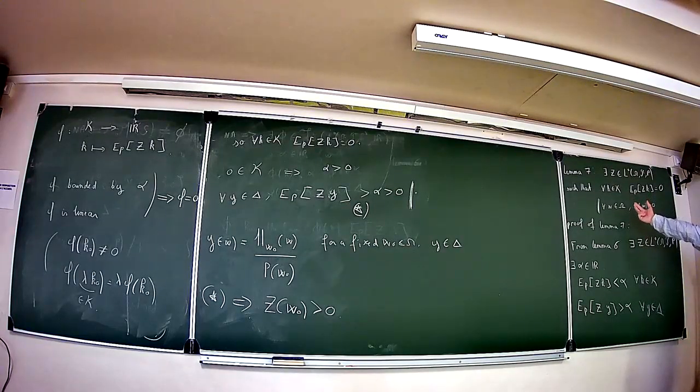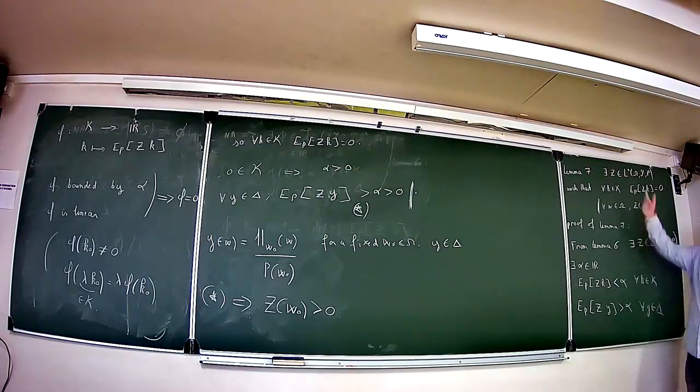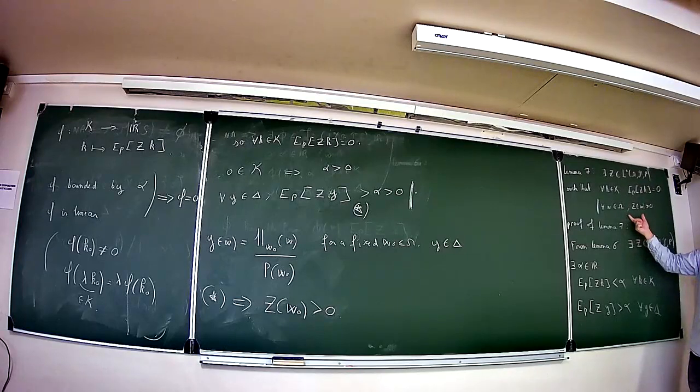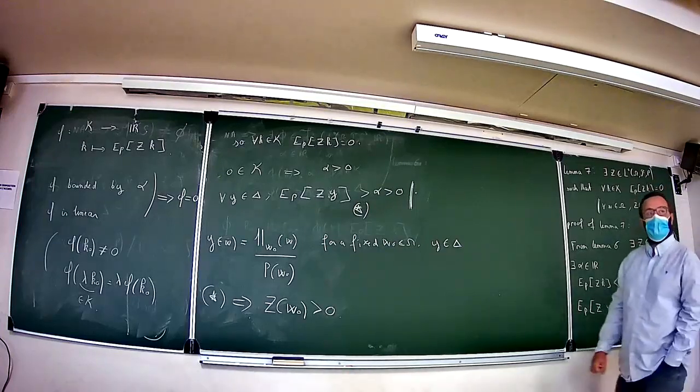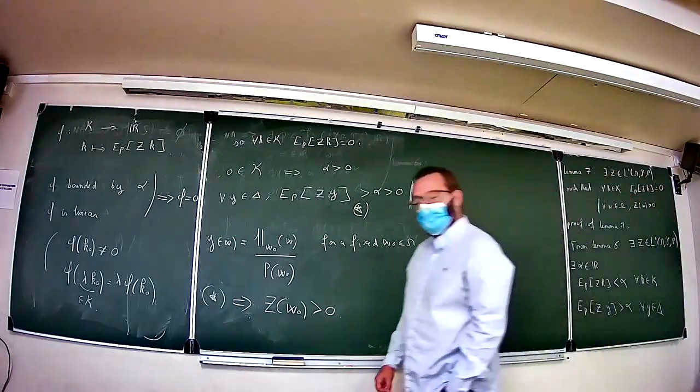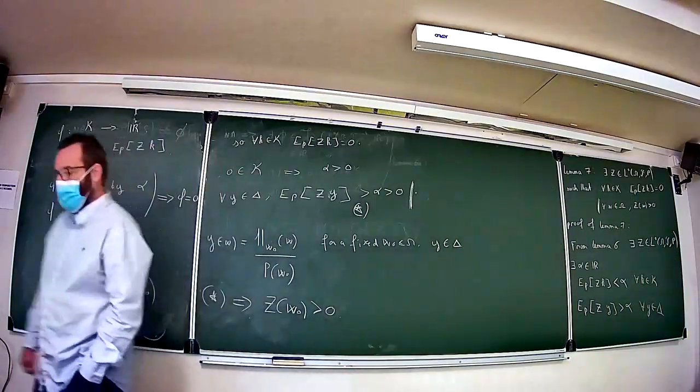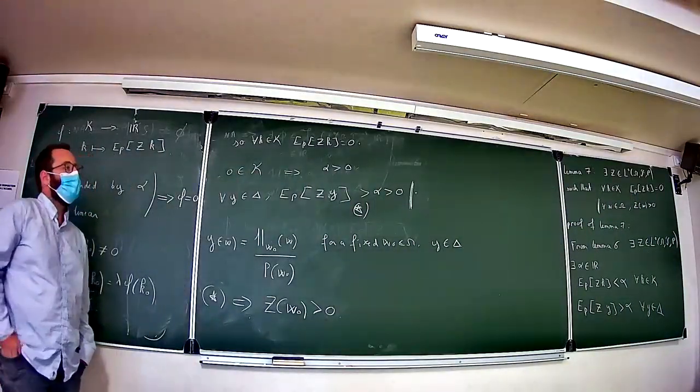I have proved this for any w0 in omega. So I know that there exists a random variable that is always strictly positive, and such that the expectation under P of zk is 0 for any k in calligraphic K. Do you agree with what I have written? Yeah?